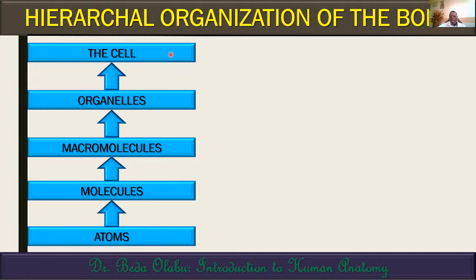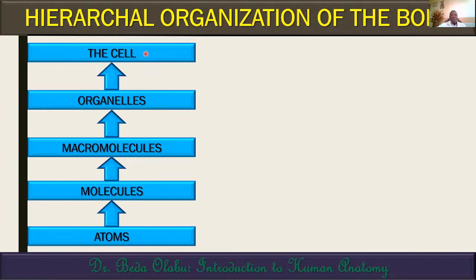Are they alive or are they dead? Well, those are debates for you. So that concept that the cell is the smallest unit of life is a theory. It's one of the cell theories.